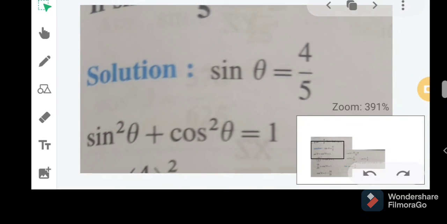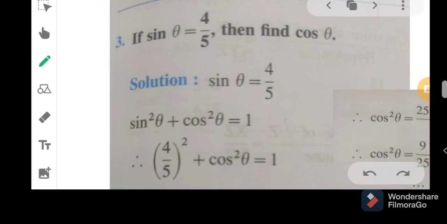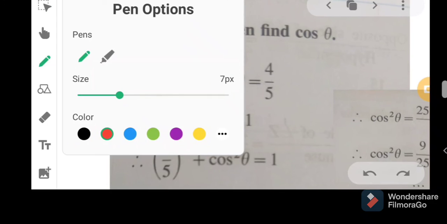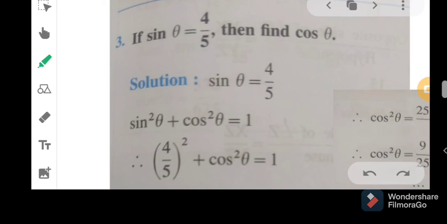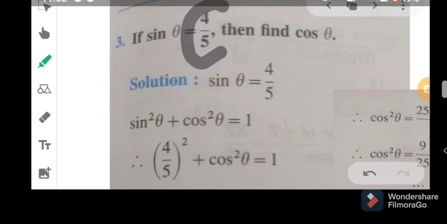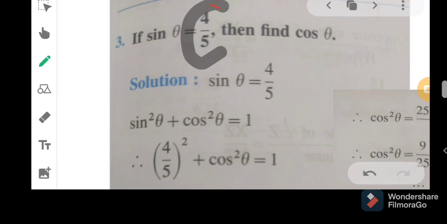Here we use the trigonometric identity, sin square theta plus cos square theta is equal to 1. Sin square theta plus cos square theta is equal to 1. Okay. So sin theta is given as 4 by 5.